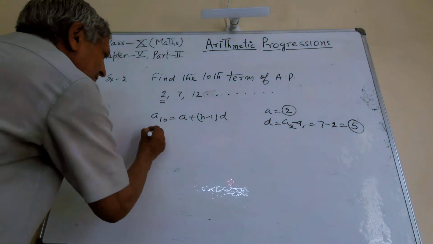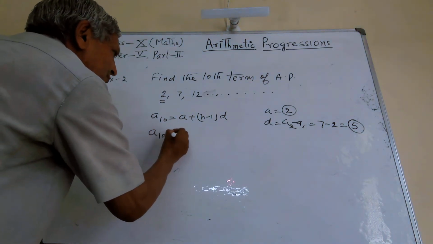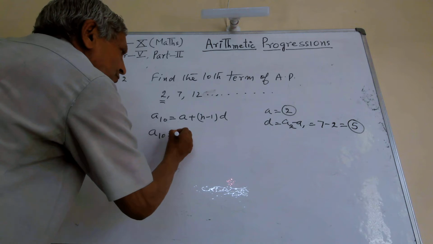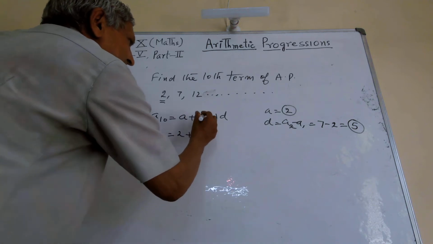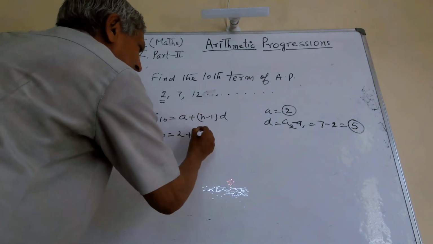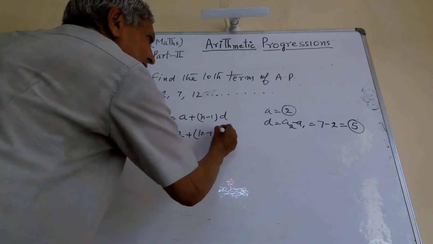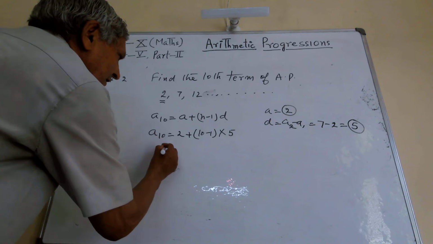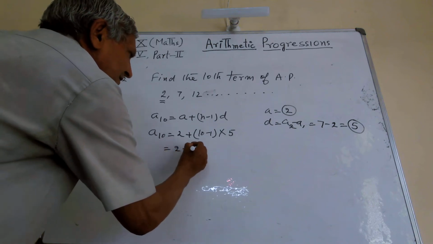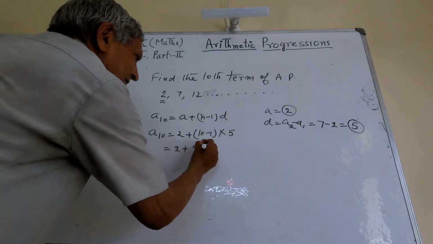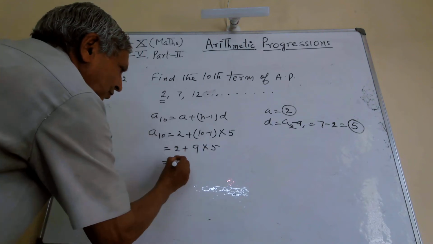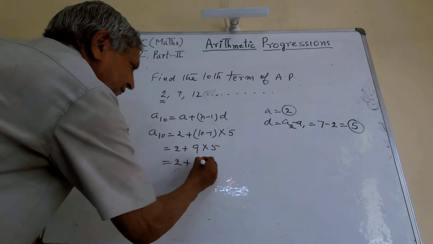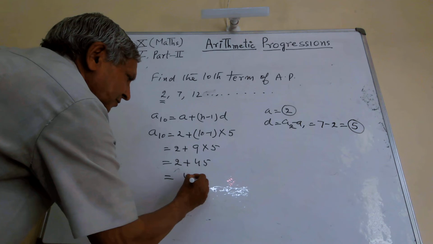By putting the values in this, a10 is equal to 2 plus 10 minus 1 into d, d is 5, is equal to 2 plus 9 into 5, 2 plus 45, which is equal to 47.